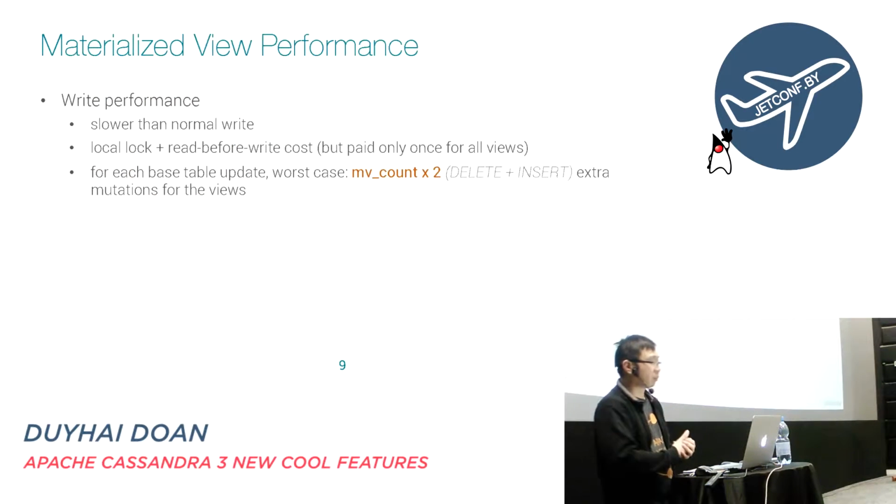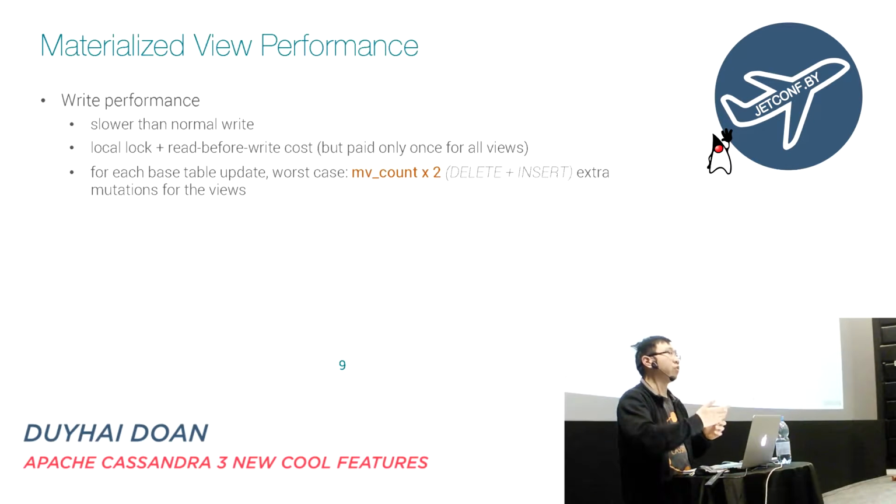About the performance, of course there is no magic. When you are writing to a table which has some attached materialized view, the write is slower because every time you insert a new record into the base table, Cassandra will block the current row to read the existing value and then to update all the views.